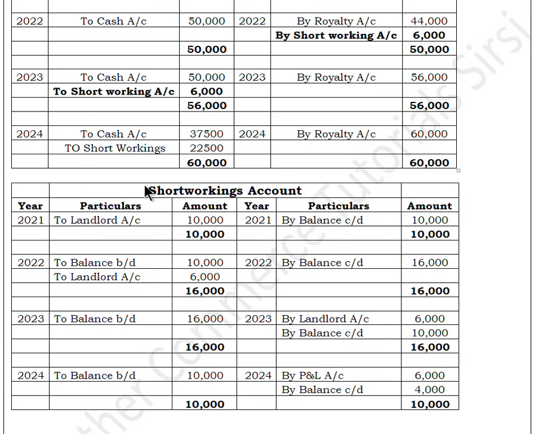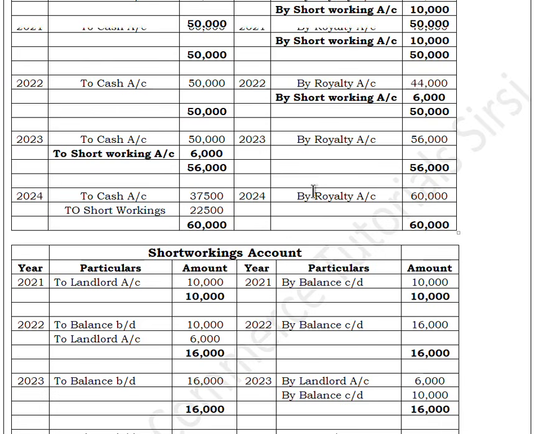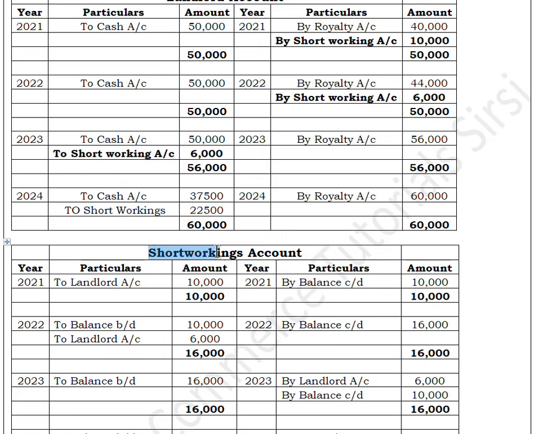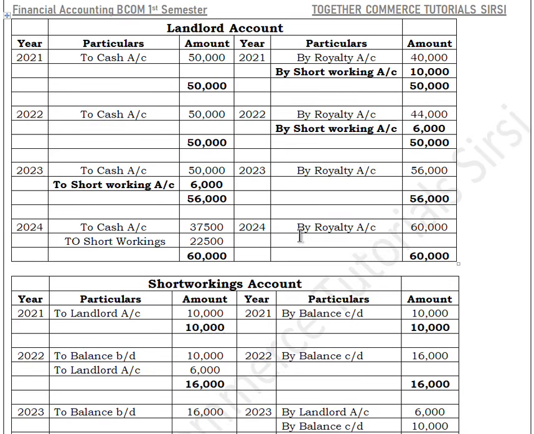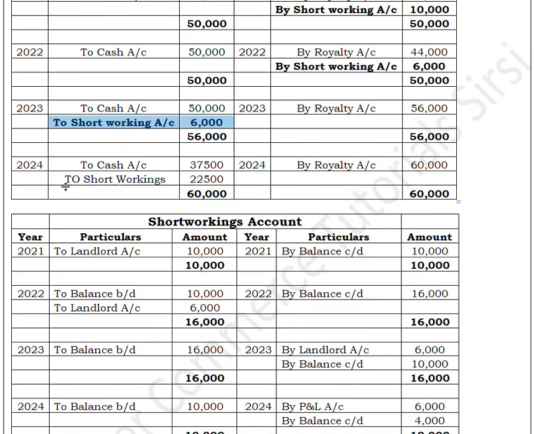Now let us have a look at the short workings account. Again the format will be the same: year, particulars, amount, year, particulars, amount. This account is also simple. All you have to keep in mind is, as the heading itself says, short workings account, in the previous account we have short working entries. These are the balancing figures that we found.